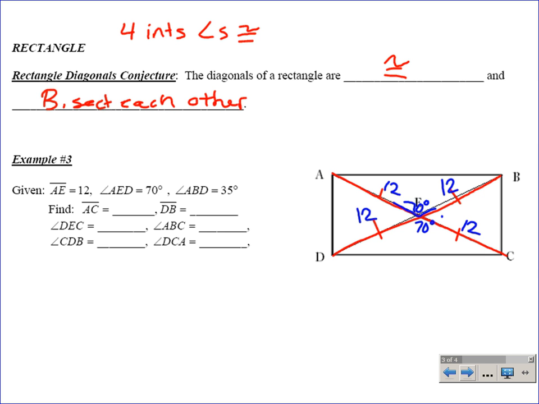Well, we know one of these, this is the guy right here, 70. So how are these two related if they're right next to each other on a straight line? It's not going to be 70.